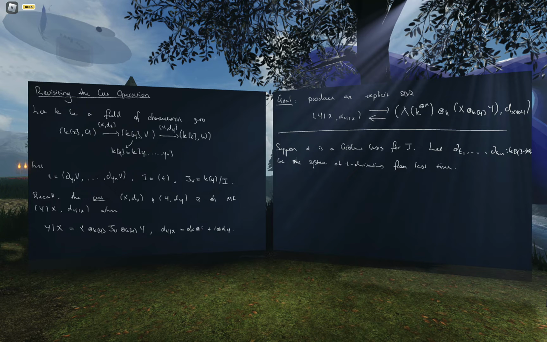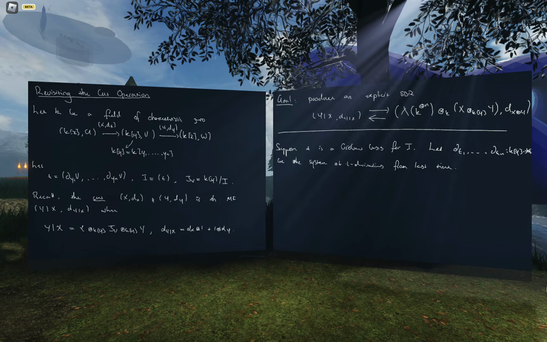It's worth pointing out at this point that when T is a Gröbner basis, or maybe some marginally more general cases, this is the only case where we can actually compute these maps exactly. In the case of the I-adic completion, we can only compute versions of these maps by approximating them in the I-adic topology. So I suppose that's one reason for working in this special case rather than just passing to the completion every time.